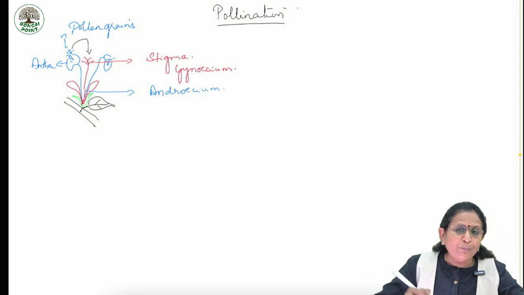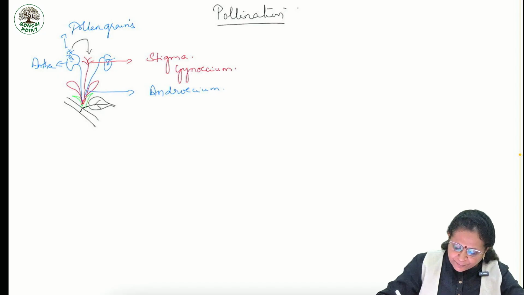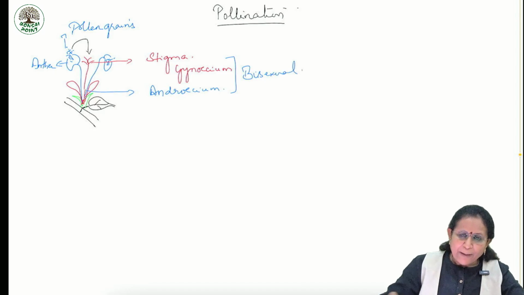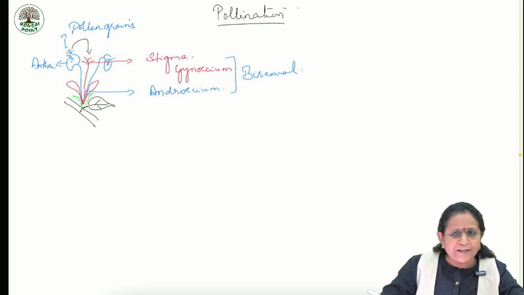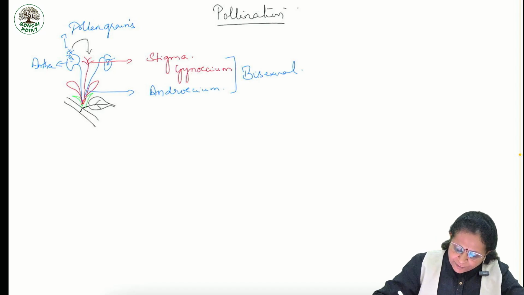So, a flower with both androecium and gynoecium is said to be what? It is said to be a bisexual flower. But here I have shown all the four whorls like calyx, corolla, androecium and gynoecium. Thereby we say it's a complete flower. Anyway, that's not necessary for us now. Here we are talking about androecium and gynoecium.